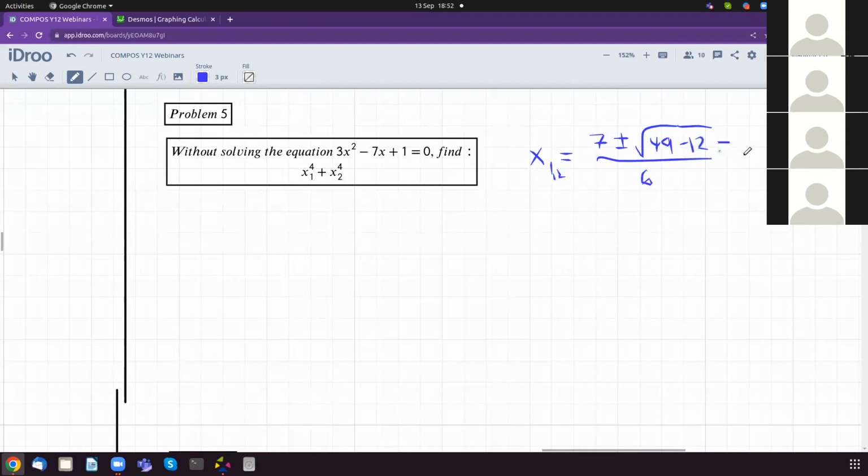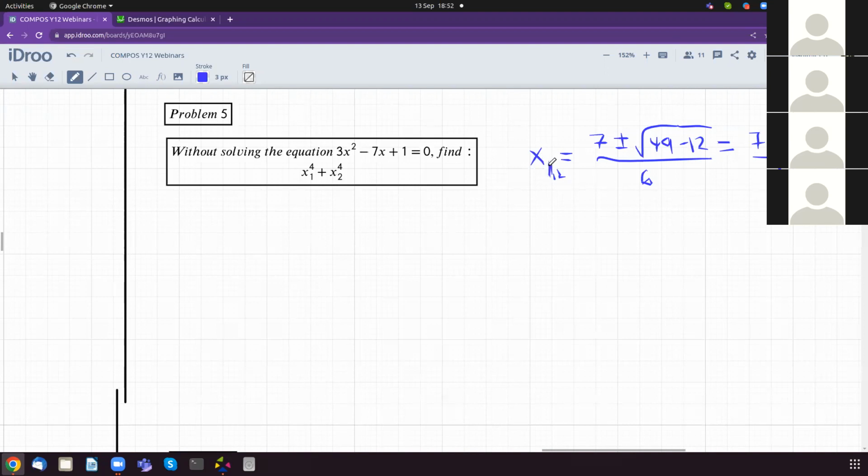So that is 7 plus or minus the square root of 49 minus 12, that's 37, divided by 6. So good luck finding the fourth power of this without a calculator.